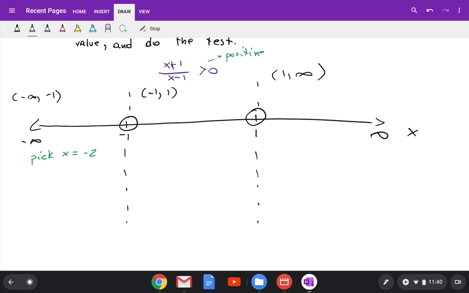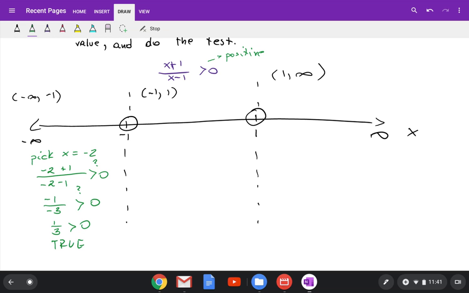Okay, so we're going to have negative 2 plus 1 over negative 2 minus 1. Again, we're checking if that will give a positive value. So we have negative 1 divided by negative 3. You're getting 1 over 3, which is definitely positive. So this is true.